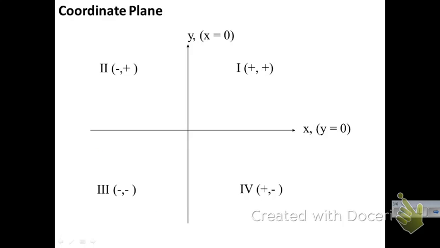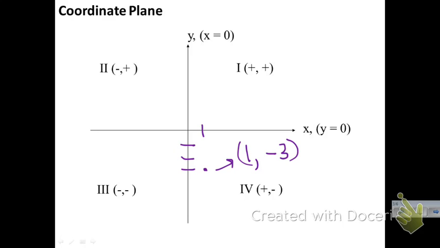The last quadrant is quadrant 4, and if you notice here, these are also opposites. So if I give you the point 1, -3, this would tell us to go over 1 and down 3. And that point would be represented by that ordered pair.